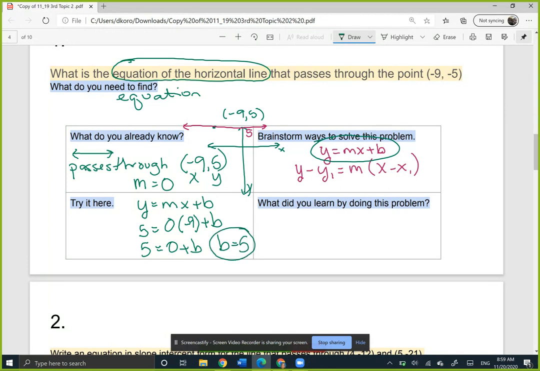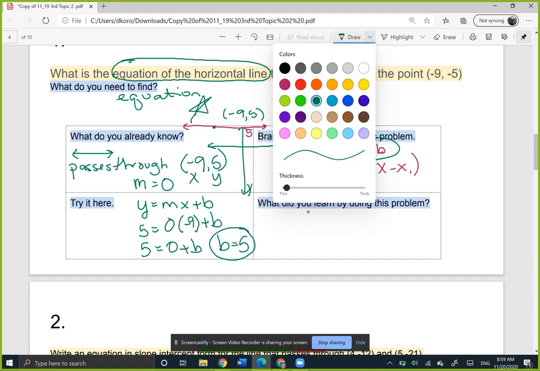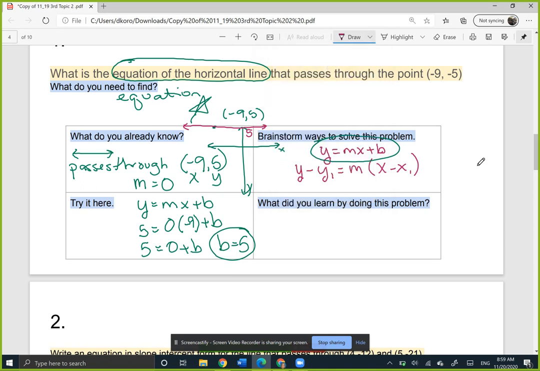All right, awesome. Now I still need to find the equation. Let's not forget to do that. So now we need to substitute everything back in. These steps are also on the interactive whiteboard, and I'll show you where those are in a second. So y equals mx plus b.